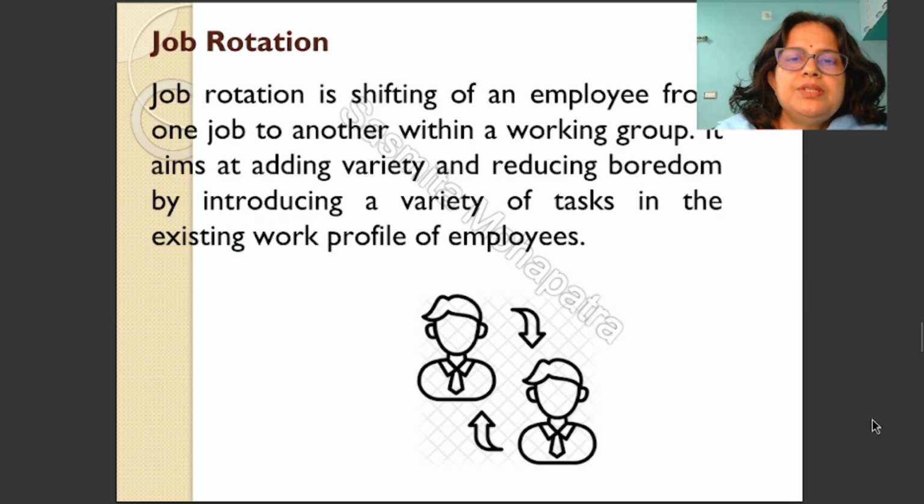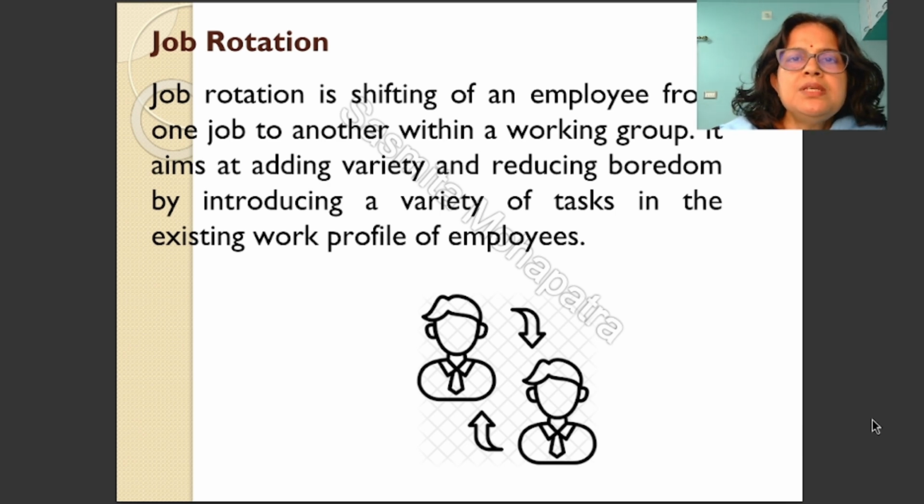Then job rotation. When someone does the same type of work for a long time, that person may be bored with the same type of job. So job rotation means that person is given a different task or activity to perform, so that the boredom can be reduced when a variety of tasks is given to the employee.